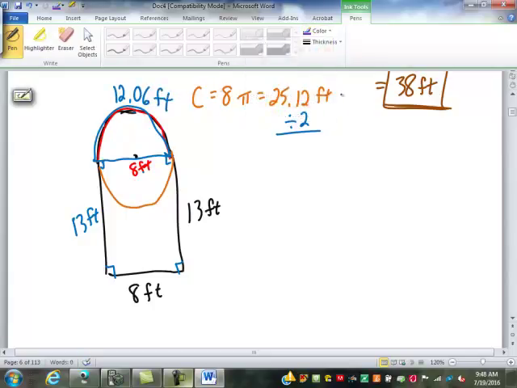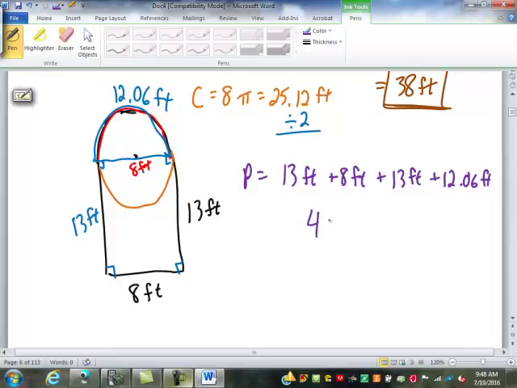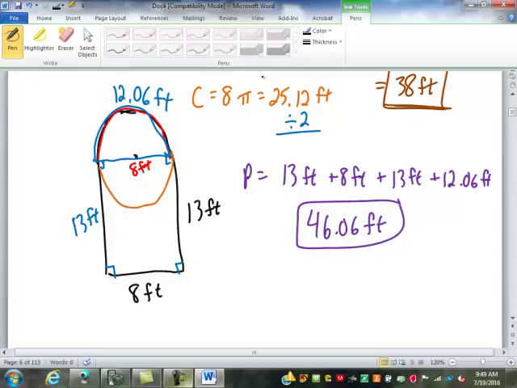So now I add up 13 feet plus 8 feet plus 13 feet plus 12.06 feet gives us 46.06 feet of perimeter. What do you think? Questions? Okay.